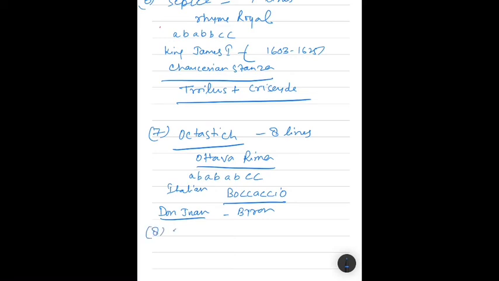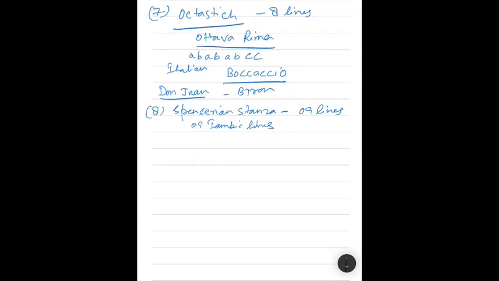Now coming to the last one, that is a Spenserian stanza. It's a stanza of 9 lines. 9 iambic lines. Just remember 9 iambic lines, and just try to understand here in a Spenserian stanza, first 8 lines are pentameter and last is hexameter.